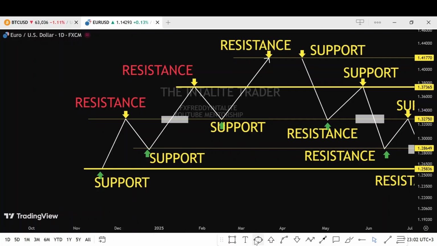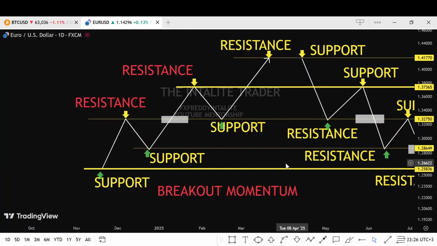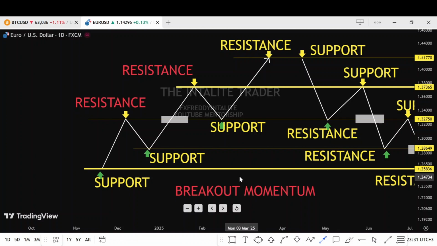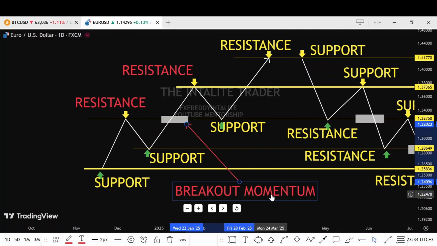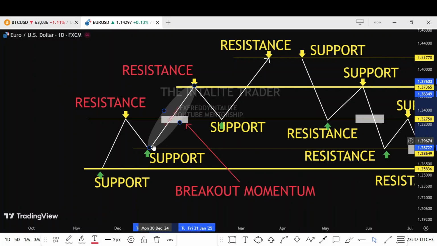If you remember break of structure, we shall call this breakout momentum. This tells you that price is in a strong moving uptrend. So this one, we shall call it a breakout momentum. This entire move that goes and breaks, if you remember, impulsive moves and pullbacks.